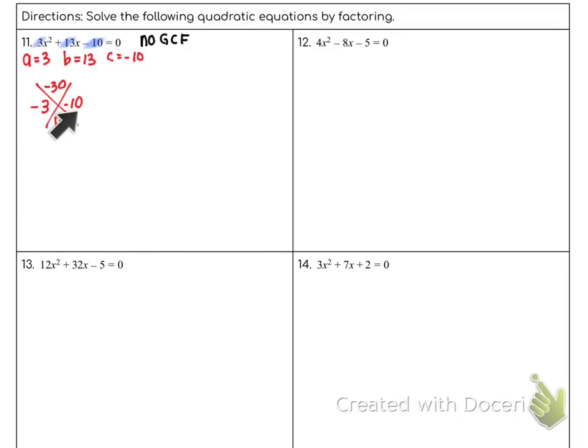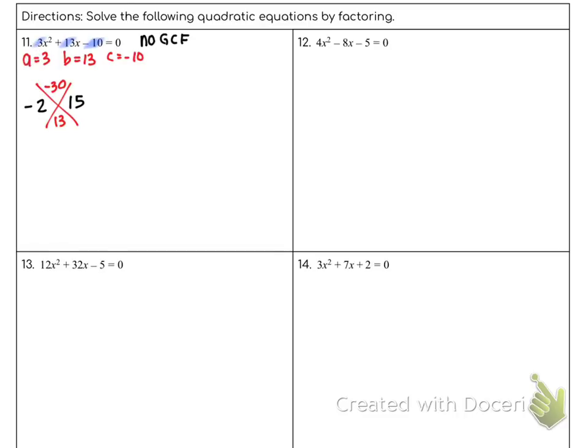And so here we can't actually use 3 and 10. We're going to have to use negative 2 and 15. I actually used 3 and 10 without checking, and then I got halfway through and I was like, wait, this doesn't make sense. So be careful here. So make sure you have negative 2 plus 15, that equals a positive 13. And when you multiply those, it's going to give you a negative 30.